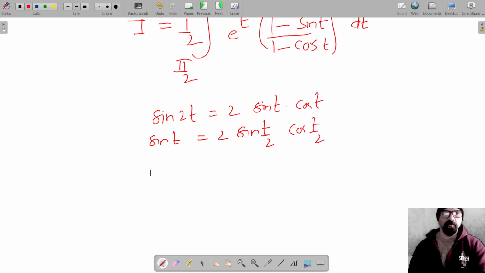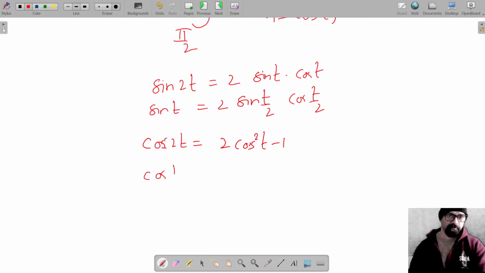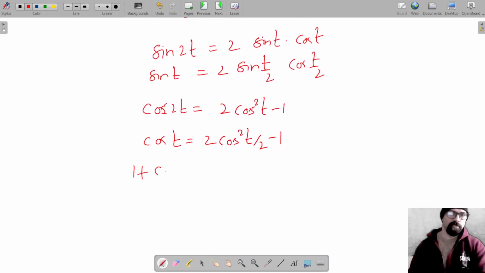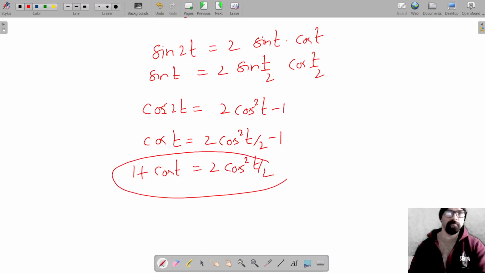Similarly, cos 2t is 2 cos square t minus 1, and if we take half of this angle, cos t is equal to 2 cos square t by 2 minus 1, which gives me 1 plus cos t is equal to 2 cos square t by 2. So let's make this substitution.